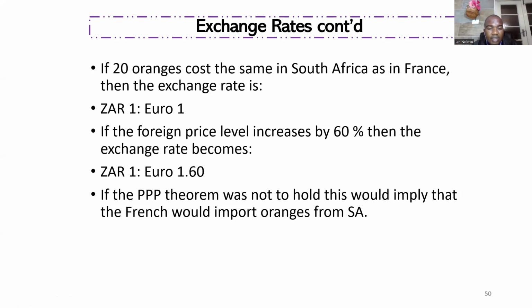And in France, they will become cheaper, which will drive down their price until the two prices are equal at a certain point. It might not necessarily be 1.6 because the euro will be going down as more oranges are imported from South Africa and sold in France in euros, and fewer oranges exist in the South African market. So the equilibrium might be established at, say, 1.3 or 1.2 or any point.